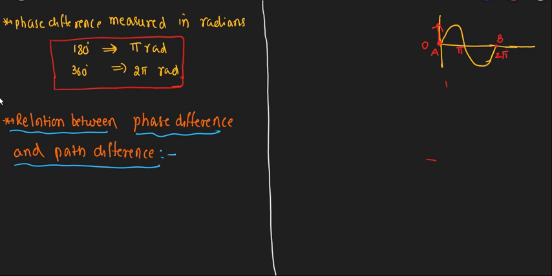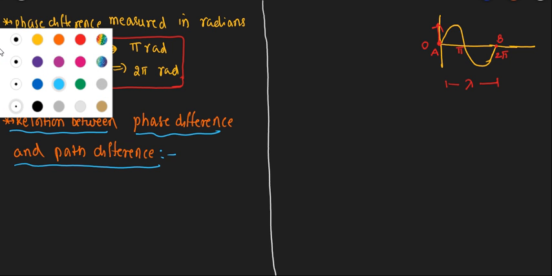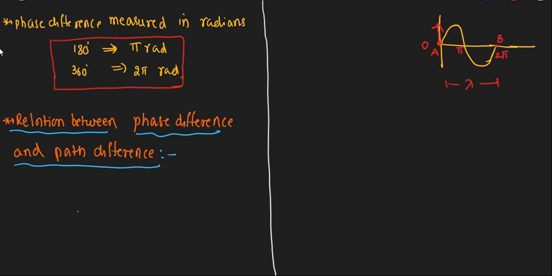That is lambda. And the lambda distance has a phase difference. How much phase difference does it have? Phase difference is nothing but the difference in angles. What is the difference in angles at a and b? The phase difference is phi b minus phi a. I want to find that out. That is nothing but 2 pi.